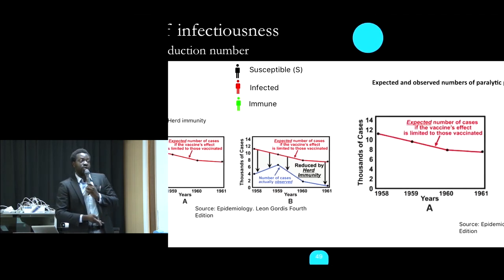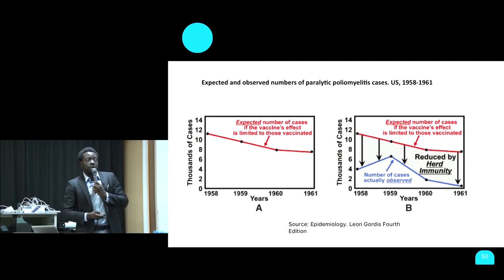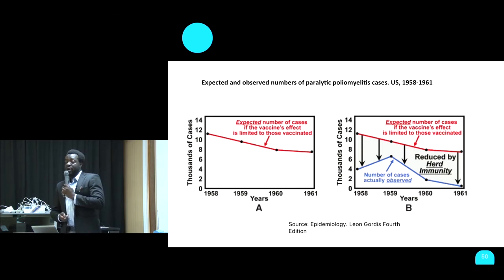This is an example here. Let's look at it in a big slide. This is showing the expected number of cases for polio vaccination in the US between 1958 and 1961. So it shows the expected number if the vaccines protect only those who receive the vaccine.